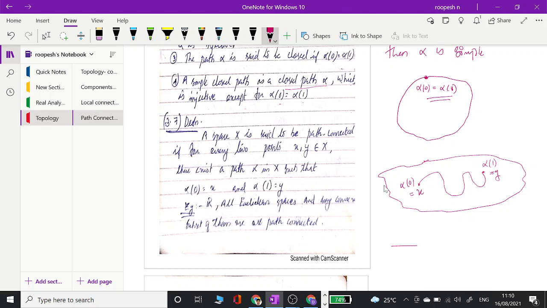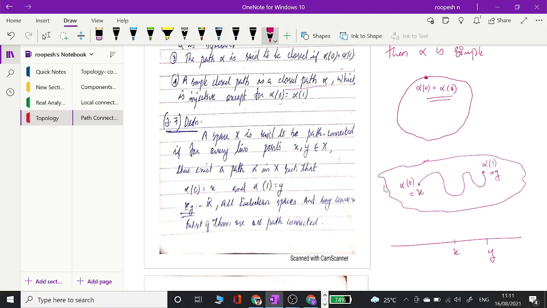Now, examples. Take the real line. We have a point x here and a point y here. This real line itself will connect x and y. This itself is a path. Now all Euclidean spaces and any convex subset of them are path connected.